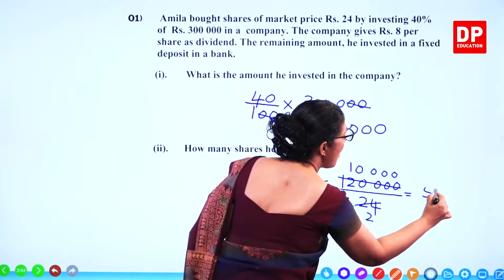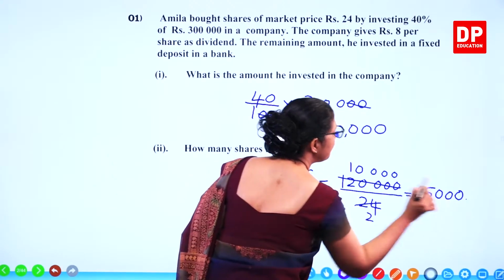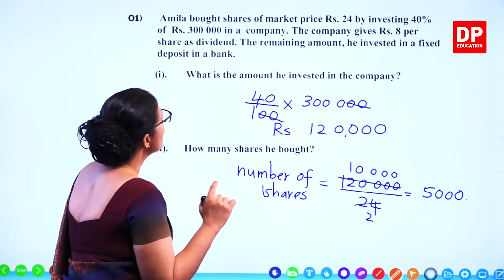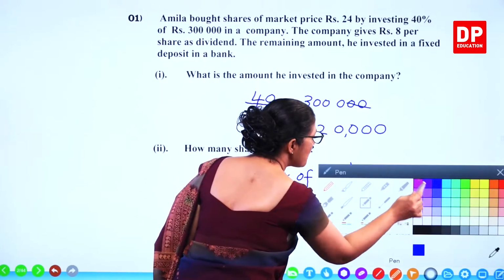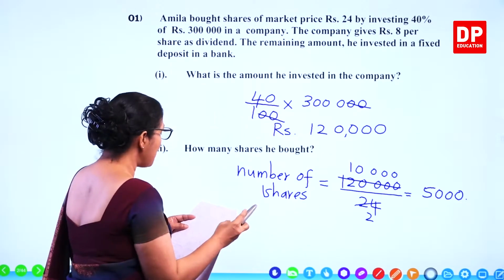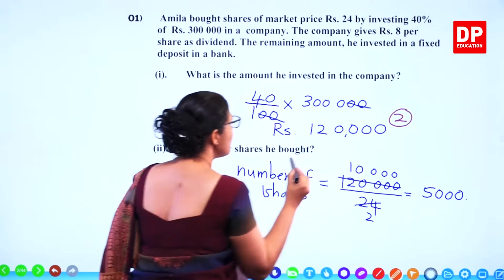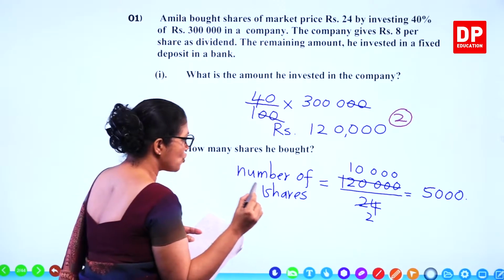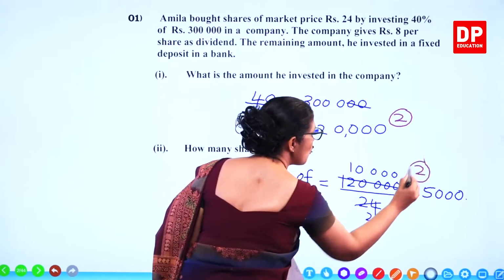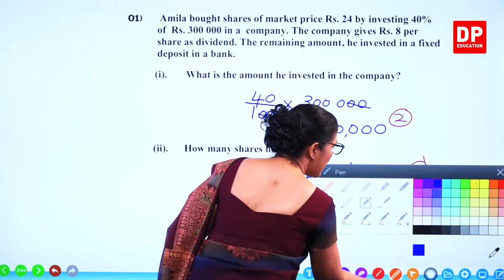So you get 5,000 shares. So how many marks for these 2 steps? So we'll look at the marking scheme and see. So you get 2 marks for 120,000 rupees. And number of shares 5,000, 2 marks. So let's do the next one.